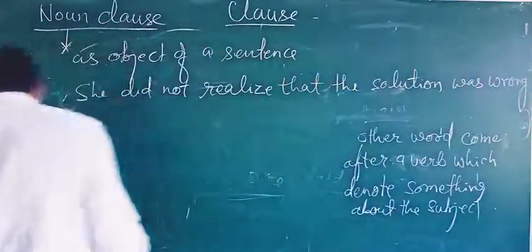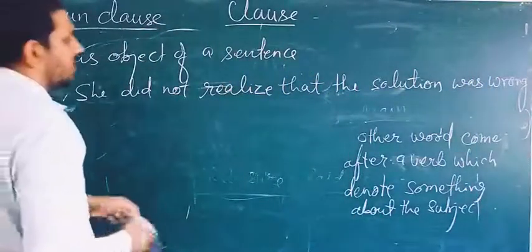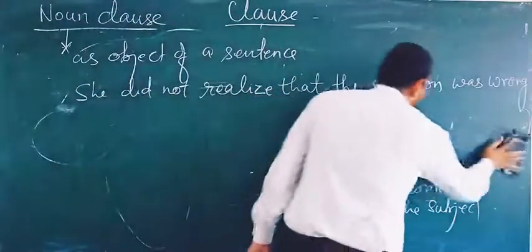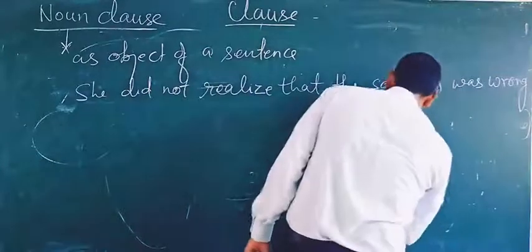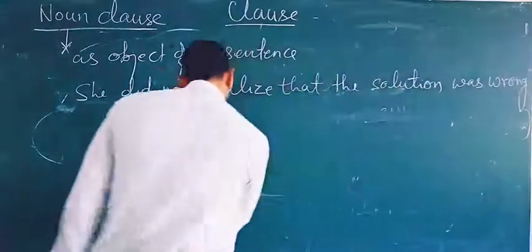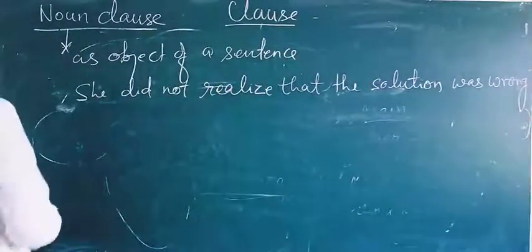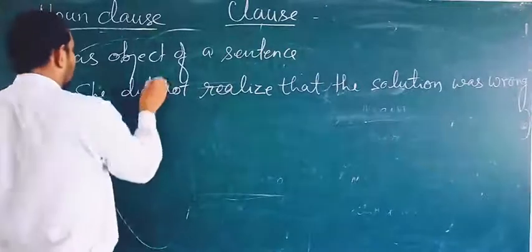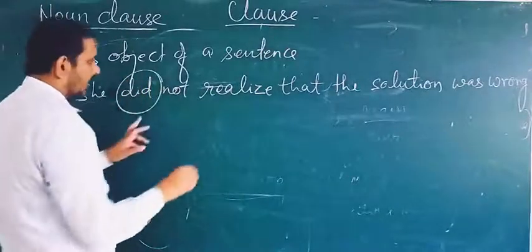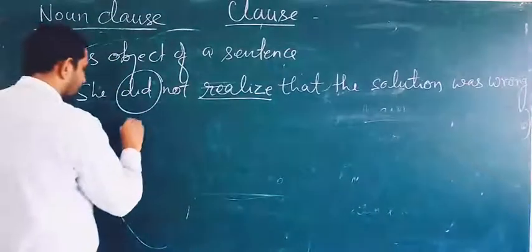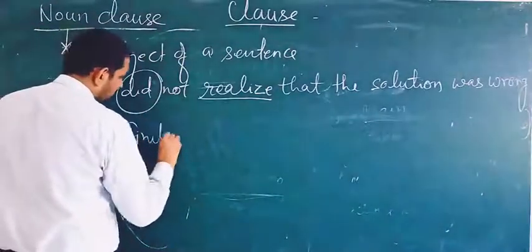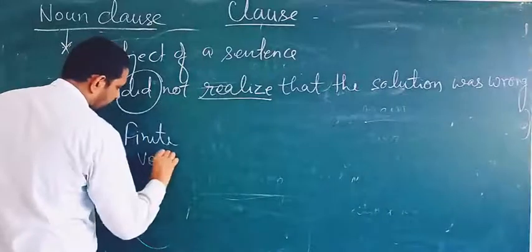Justify: does this sentence have a clause or not? The simplest way to find out a clause is to focus on the verbs. There are two verbs. Number one, this is the helping verb and this is the other verb. But we are talking about finite verbs only.